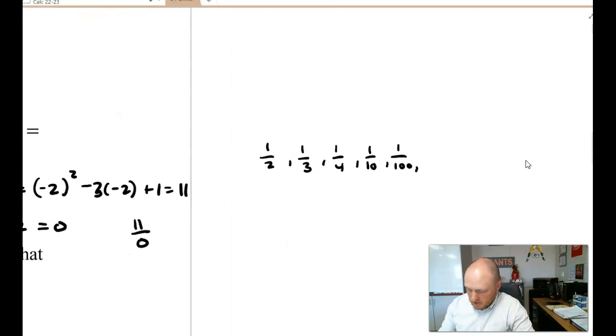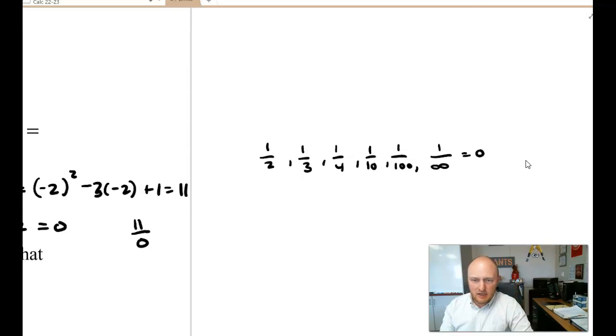So do you see as our denominator is increasing here, this is going to be equal to 0. So 1 over infinity is equal to 0.